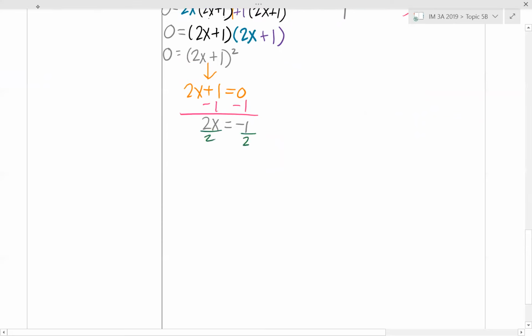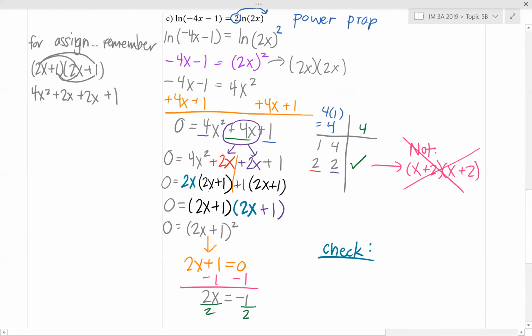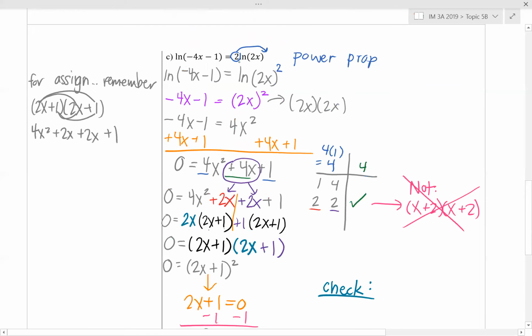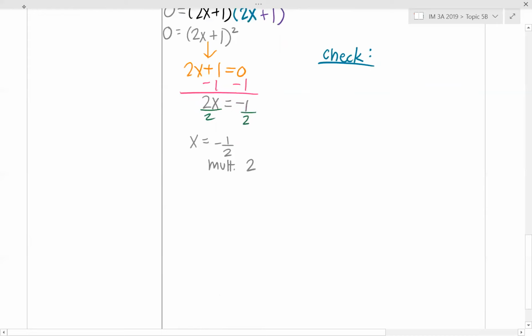I get that x equals negative 1/2 with a multiplicity of 2. What I need to do now is check that single answer to make sure that it works. In my original problem, we're going to plug into ln of negative 4x minus 1 equals 2 times ln of 2x.